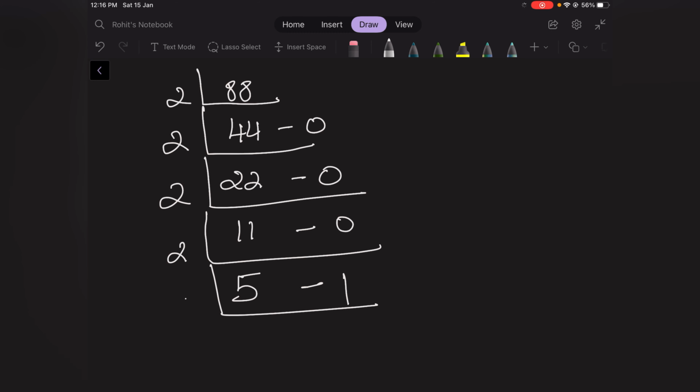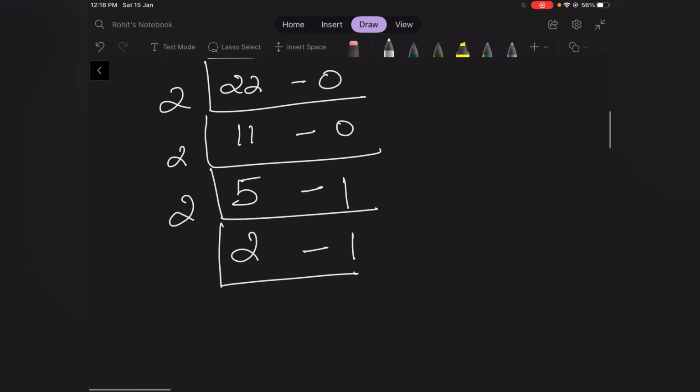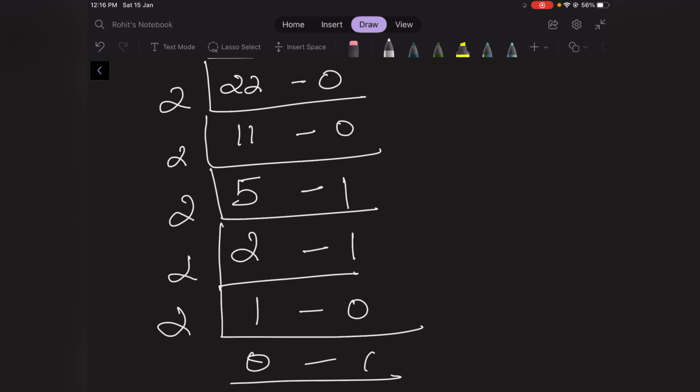Again divide 5 by 2, 2 2s are 4, and again we have a remainder, so place 1 beside it. Again divide 2 by 2, we get 1 and put 0 beside it because we don't have any remainder. Again 1 divided by 2, the quotient is 0 and the remainder is 1.